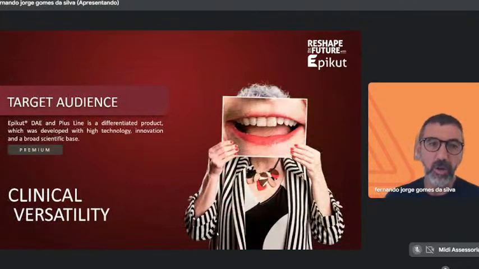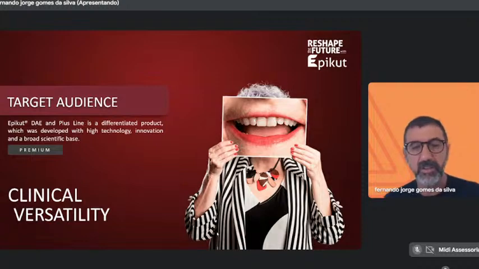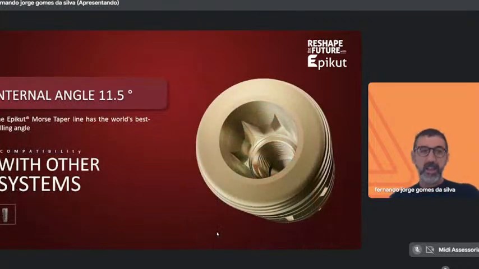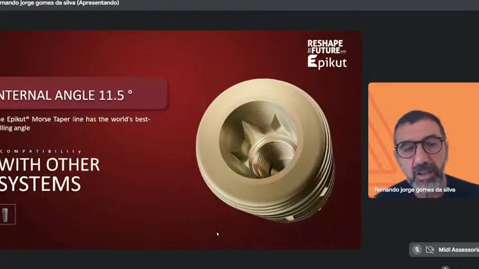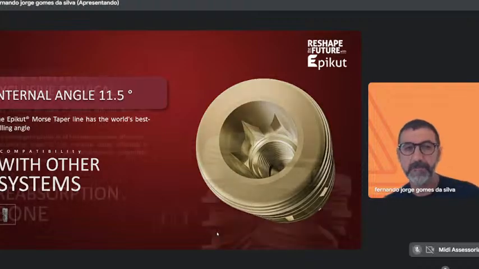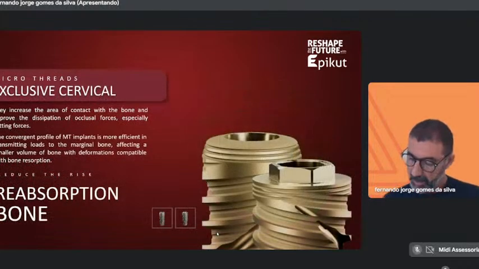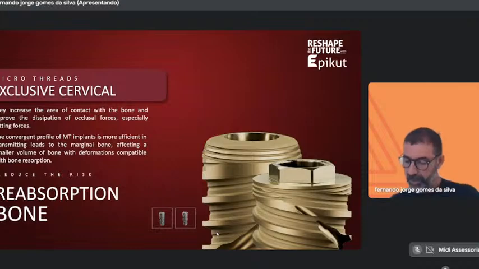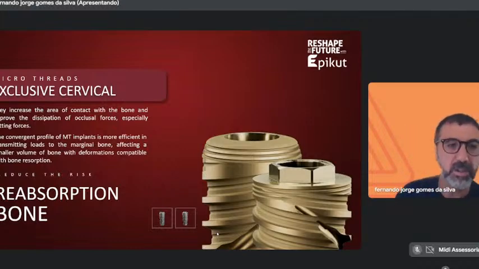It was developed with high technology, innovation, and a broad scientific base. Its internal angle of the Morse taper with 11.5 degrees is compatible with other systems. And it has exclusive micro threads, reducing the risk of bone resorption.